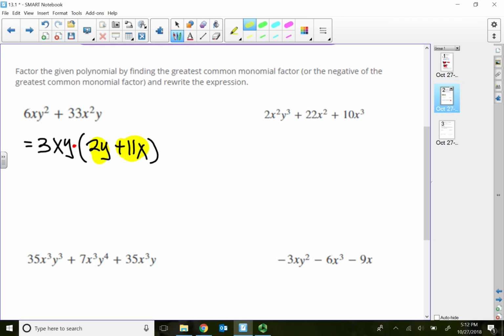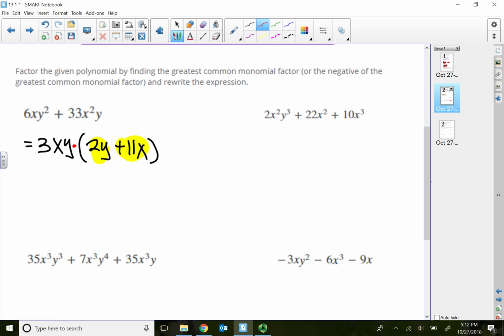Why does multiplying things back out not always work? Because if we did not factor out the greatest common factor, if we missed anything out here, then multiplying back out will still end up with the original polynomial anyway.